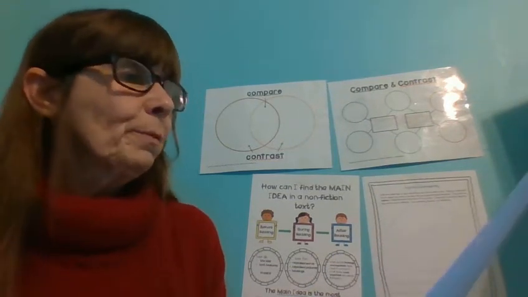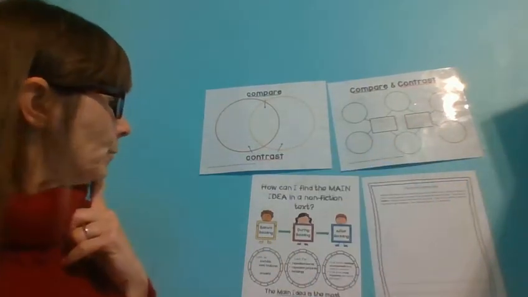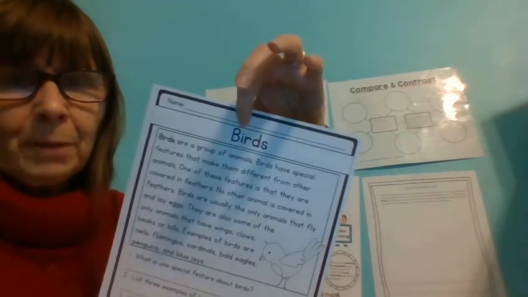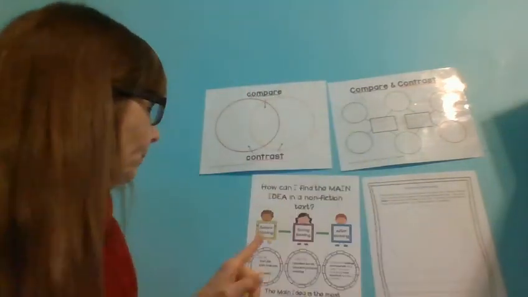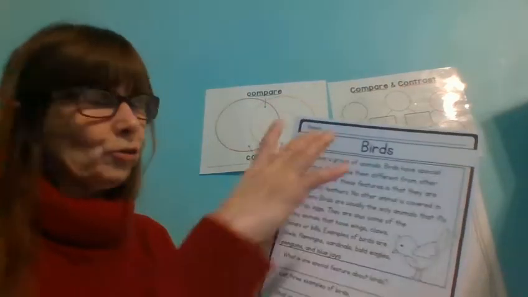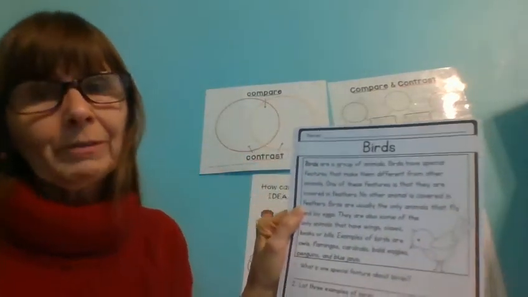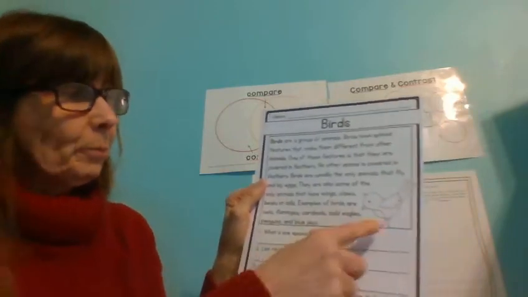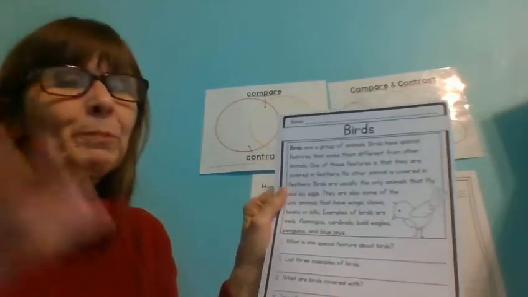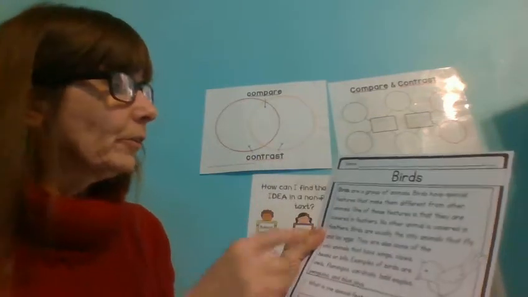Birds are a group of animals. Wait a minute. Before reading, look at the title. That might be a clue to the main idea. Look at text features. Well, this is just a short, brief passage, so it doesn't have a lot of features here, but there is a picture. All right, so you should already be predicting what the main idea is.